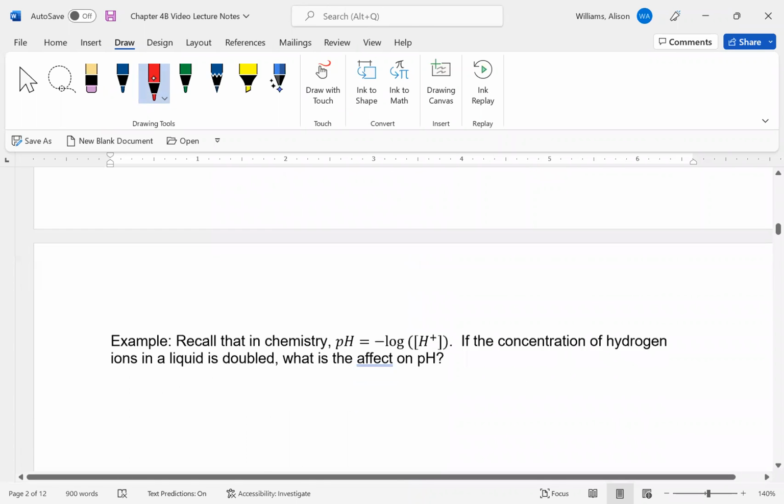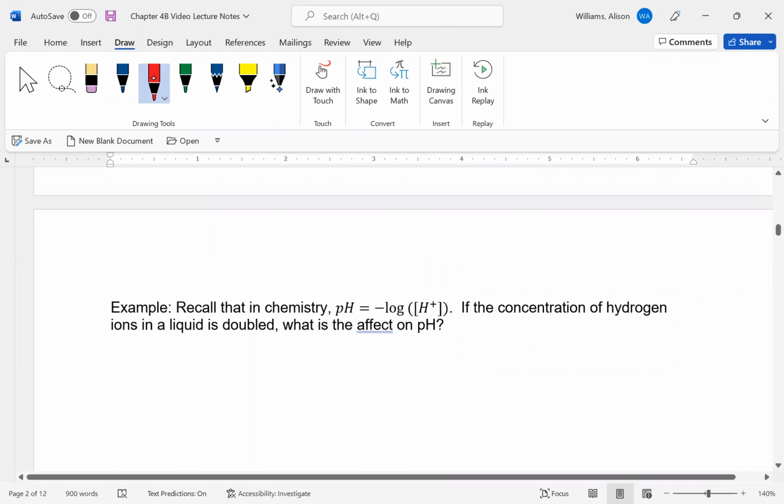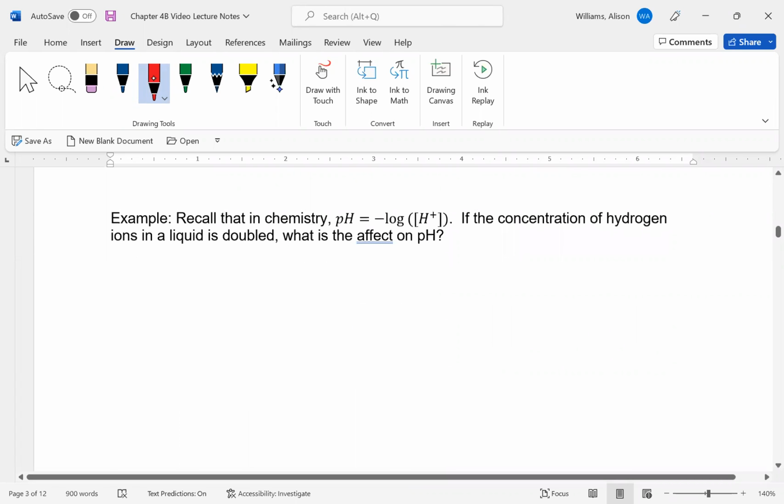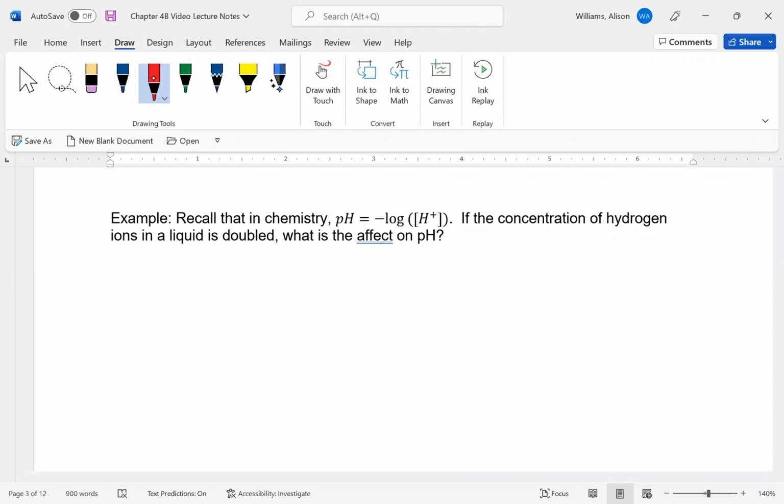Okay, so that's fine and dandy. Let's see where it's useful to us. So this is an example from chemistry that has a formula for the pH balance. Now, the pH balance is a logarithm. I do want to mention, by the way, logarithms didn't exactly come from the need of inverses. I teach it that way because it's a nice, easy connection to a concept we've already done.